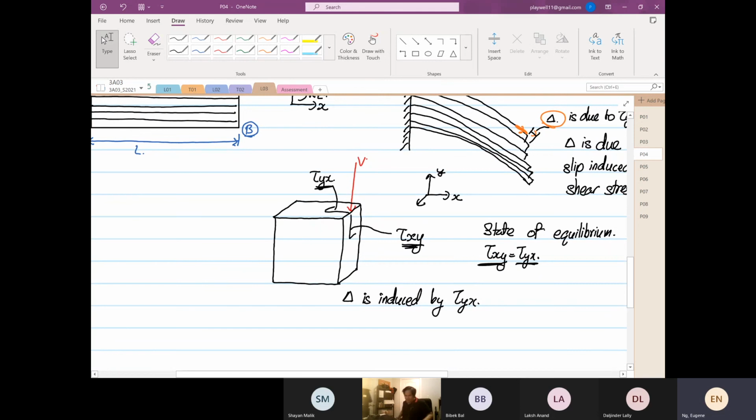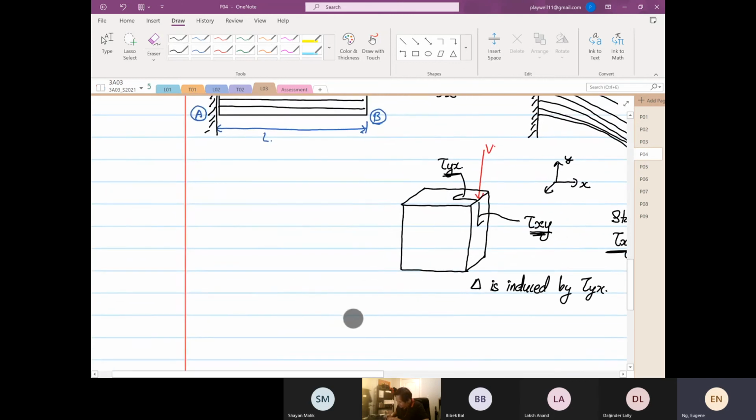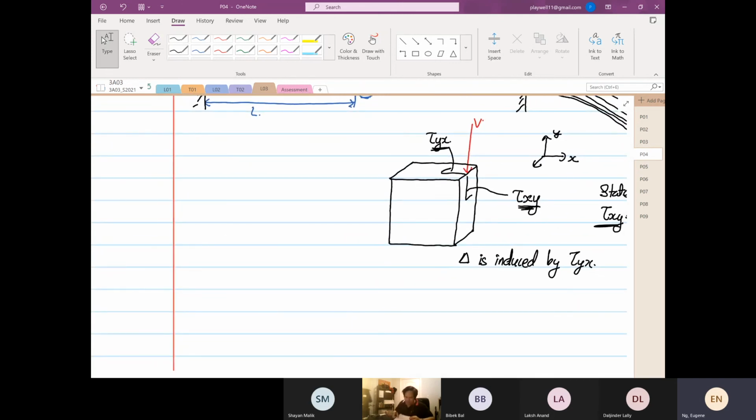Now in this topic, there are only two formulas. I'll write what they are.